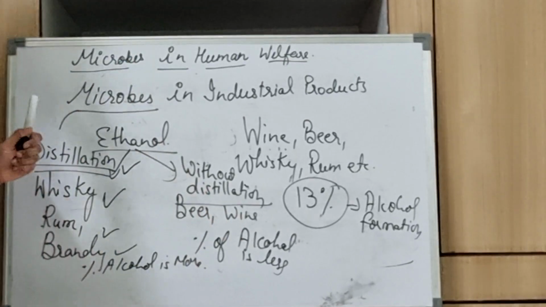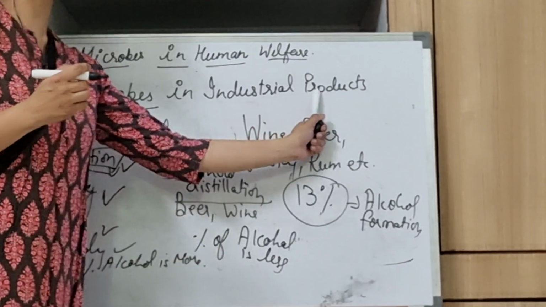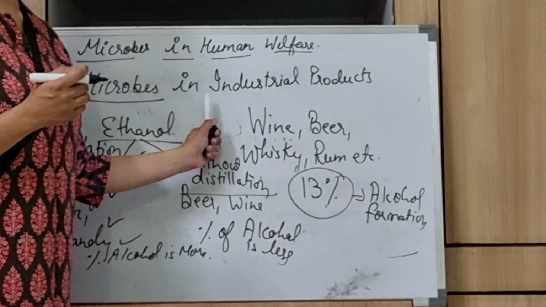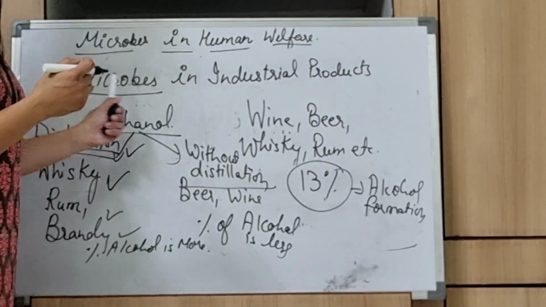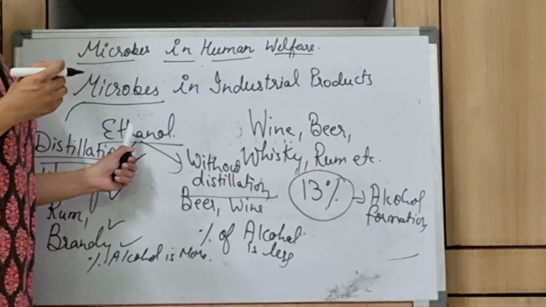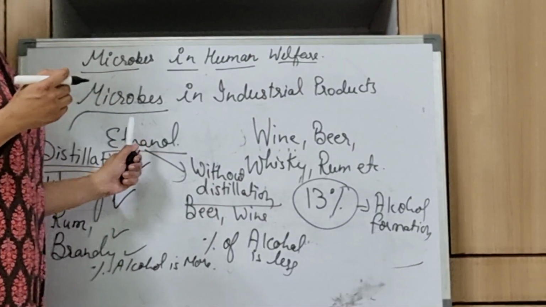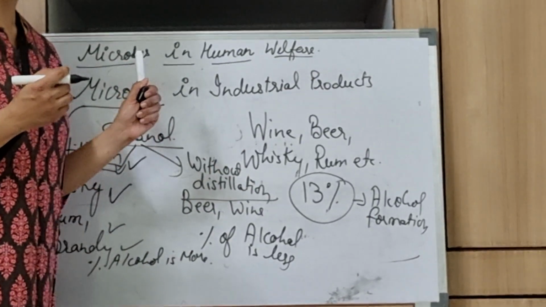So let us recall what we have done. We have talked about how microbes in industrial products can be used in making beverages and also in making antibiotics. In beverages, ethanol is prepared by fermentation by the yeast Saccharomyces cerevisiae, and at that time it is called brewer's yeast.